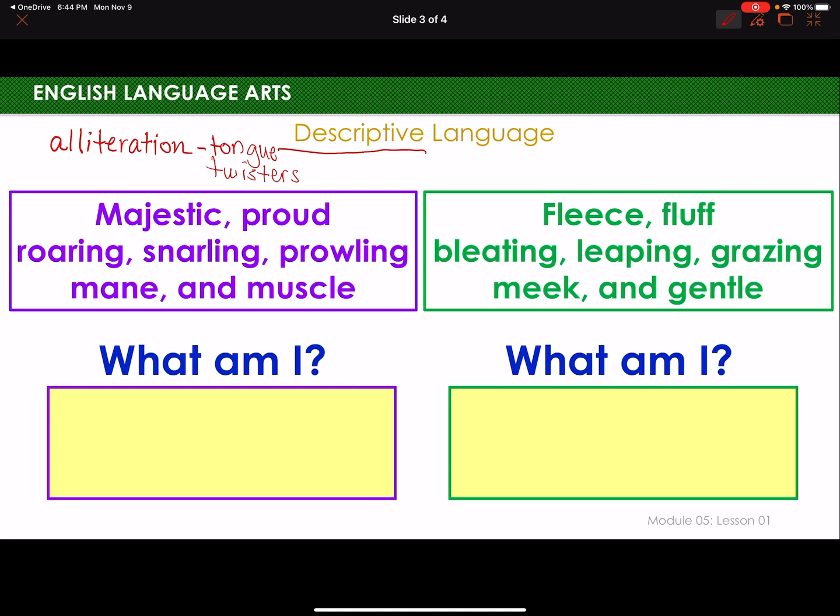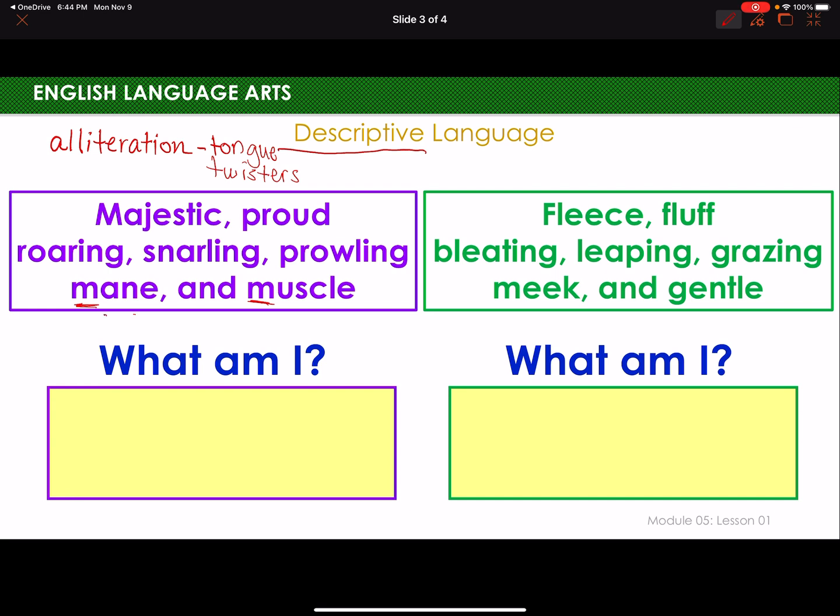Let's see if we can identify some alliteration in these short poems right here. Majestic, proud, roaring, snarling, prowling, mane, and muscle. Mane and muscle both begin with the m sound.